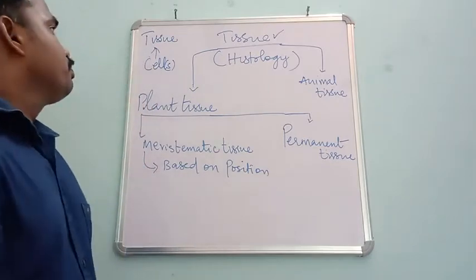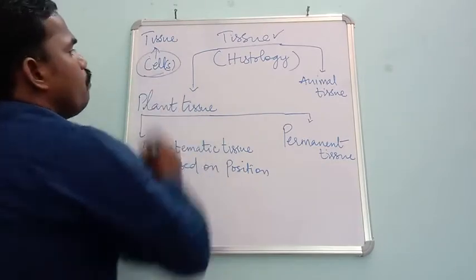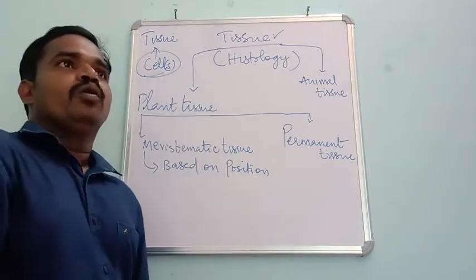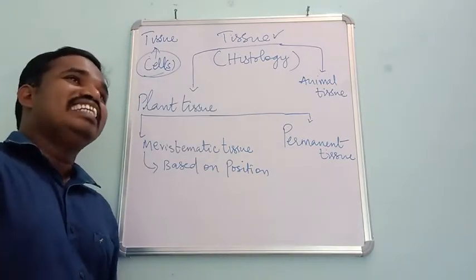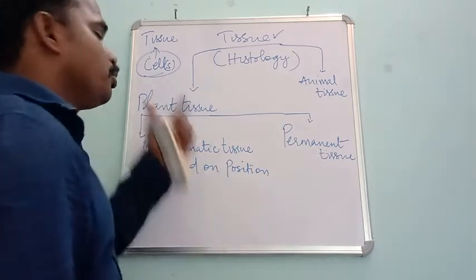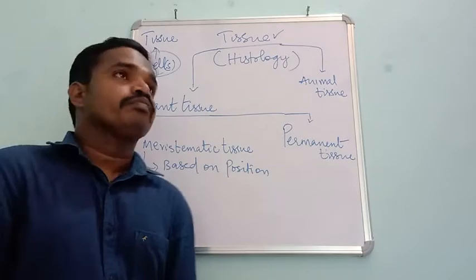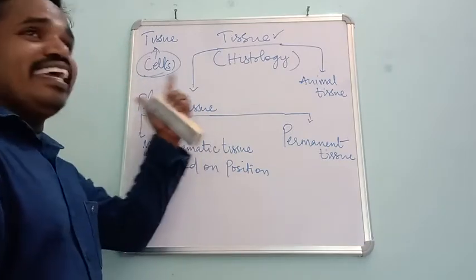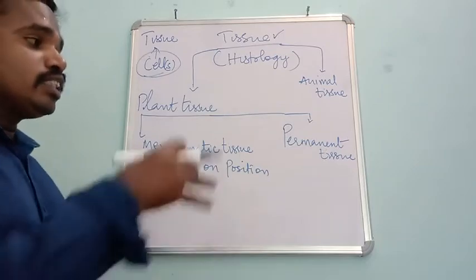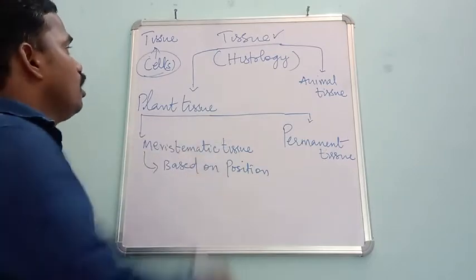So a group of cells forms a tissue. Well, this group of cells is not dissimilar; different types of cells do not form a tissue. The cells are alike in origin as well as similar in function. This type of cells forms a tissue.